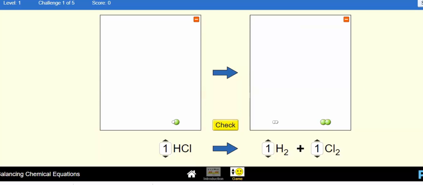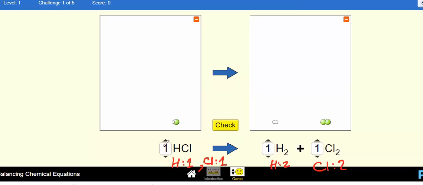You can count here, you have 1 times 2. So you have 2 hydrogen on the right-hand side. You have 2 chlorine on the right-hand side. But on the left-hand side, you have 1 hydrogen and 1 chlorine.